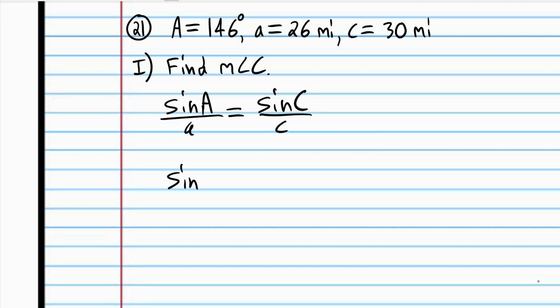So we're going to plug in the measure of angle A, and we have this length of side a. And we're looking for the measure of angle C, and we have the length of side c.